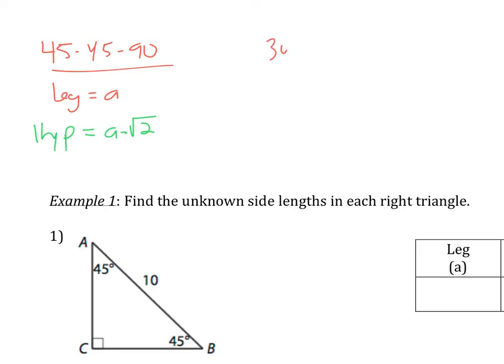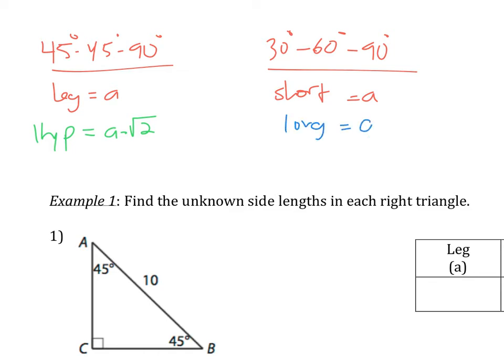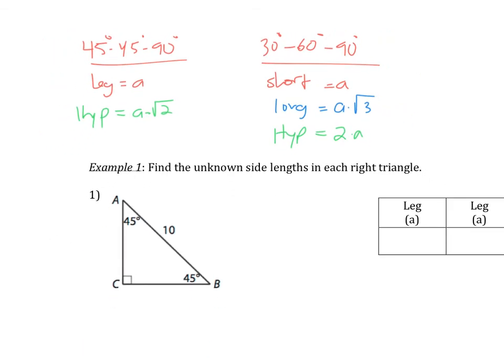And for your 30, 60, 90 triangle, your short leg is A, your long leg is A times the square root of 3, and your hypotenuse is 2 times A. If we use those, that can help us quickly identify these different side lengths.